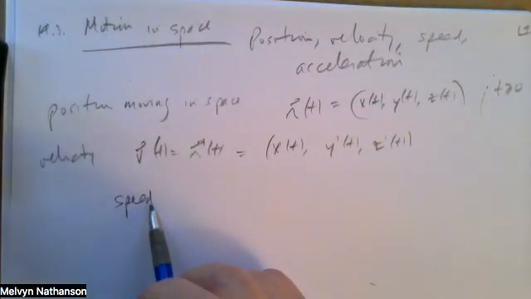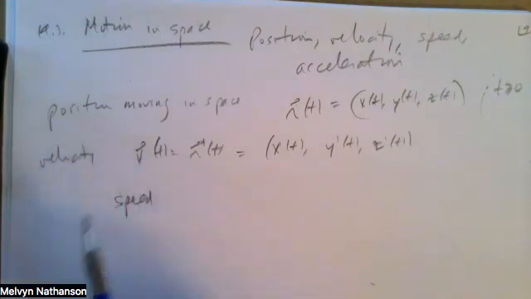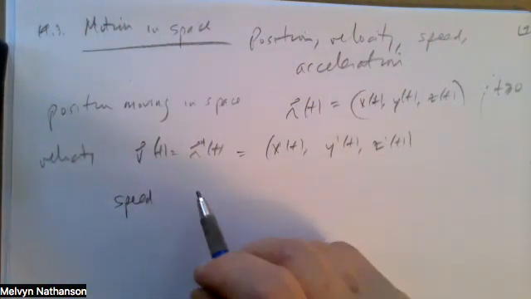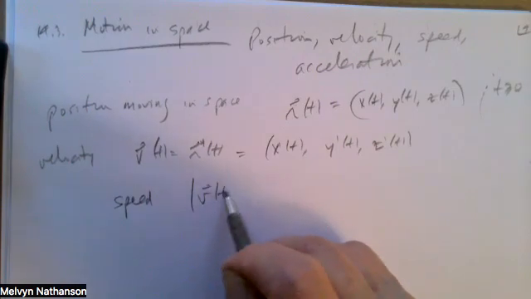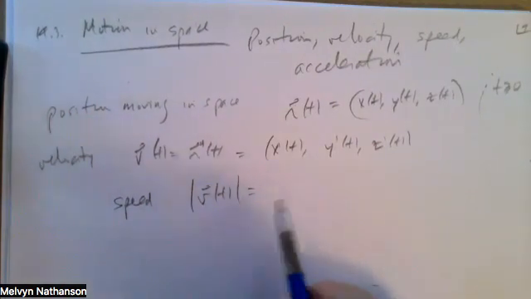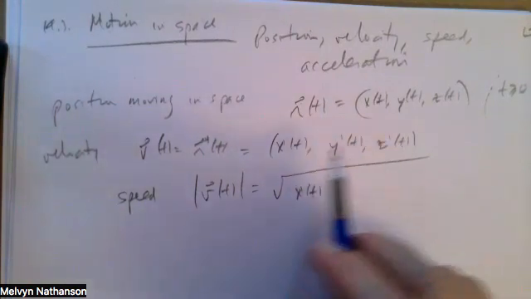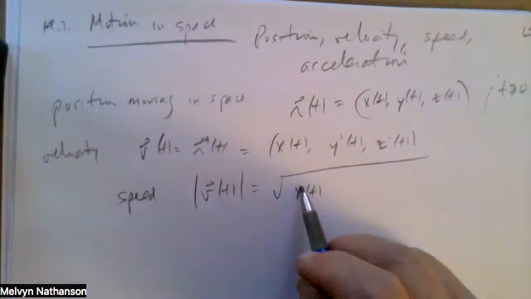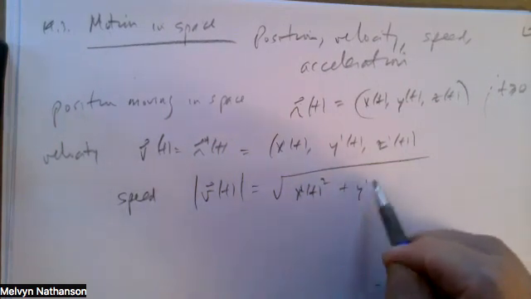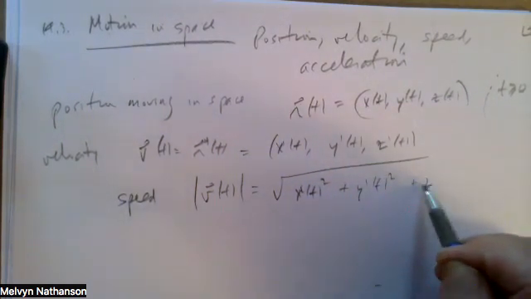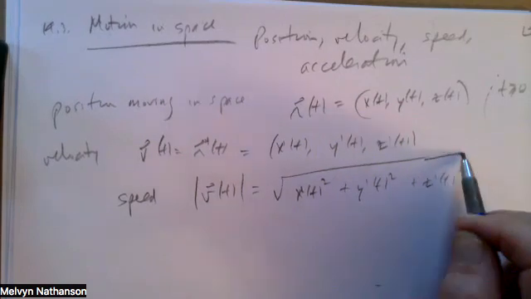And speed, see, position and velocity are vector valued functions. Speed is a scalar valued function. It's just the magnitude of the velocity vector. So that's the square root of the sum of the squares of the coordinates of the velocity: x prime of t squared, y prime of t squared, z prime of t squared.